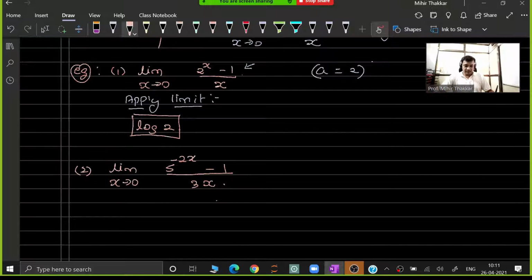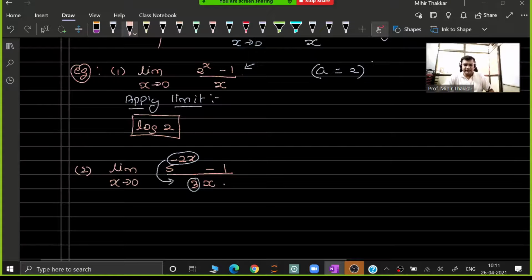So now over here, guys, I have to be careful so that the thing is, whatever element is given in the power over here, it has to be completely adjusted over here in the denominator, exactly same. So in the power, if I have minus 2x, in the denominator also I require minus 2x. In order to do this, the first thing that I will do is I will try to separate this 3 from here. And it is very easy to do that.